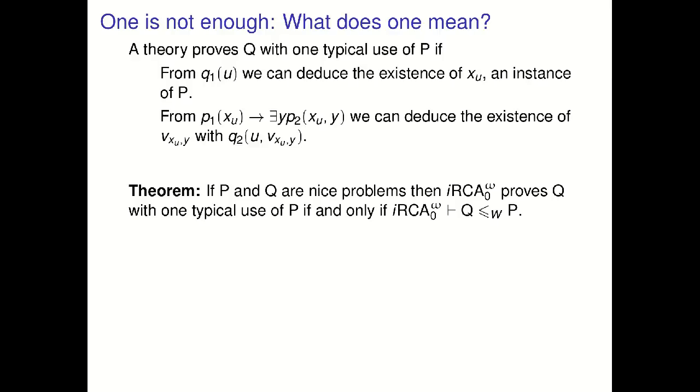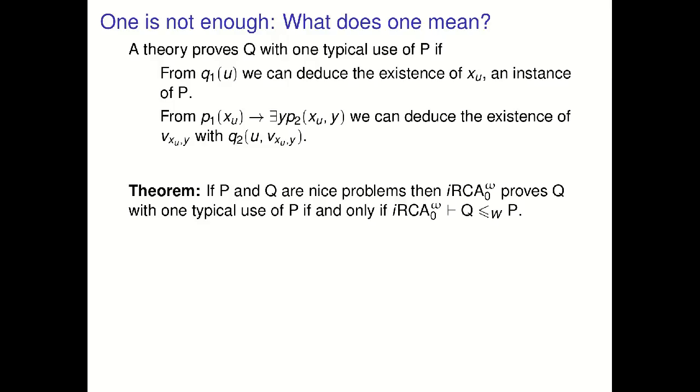So when I'm making one typical use here, I'm not using the P problem or the existence of the solution to the P problem in a really general setting. I'm just going to apply it to this one term. I'm just using it once, in this particular case, right?